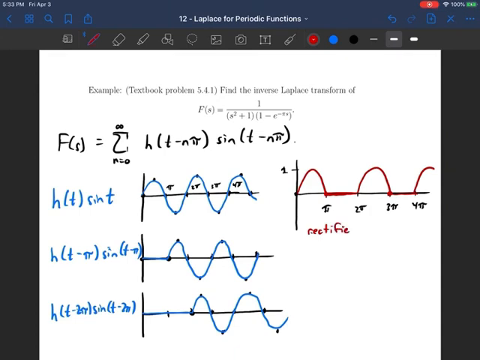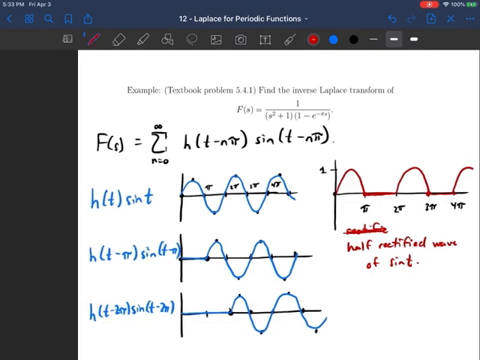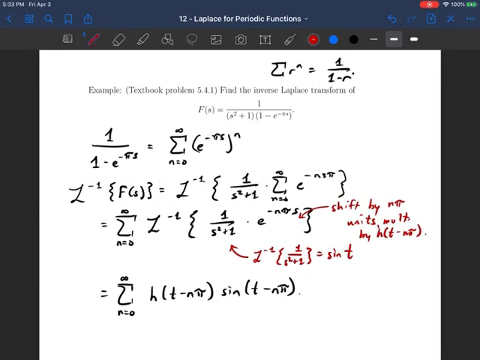Up, down, 0, etc. And this is what's called the half-wave rectified wave of sine t. Half-wave rectified sine t. So, a strange little function. That's what its Laplace transform looks like.